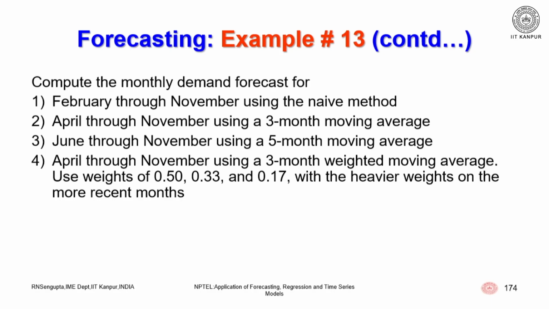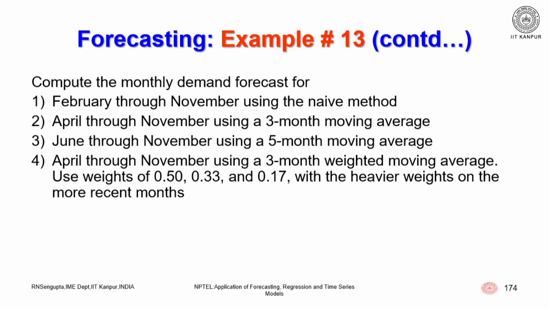Now, what do we need to do for this problem? Very simple. Compute the monthly demand forecast from February through November using the naive method, which I have been talking about, and I will discuss it. Second, April through November using the 3-month moving average, which we have already done. Concept wise, I will again solve one of the problems. Third, June through November using the 5-month moving average, which we have done concept wise, and we will do the problem.